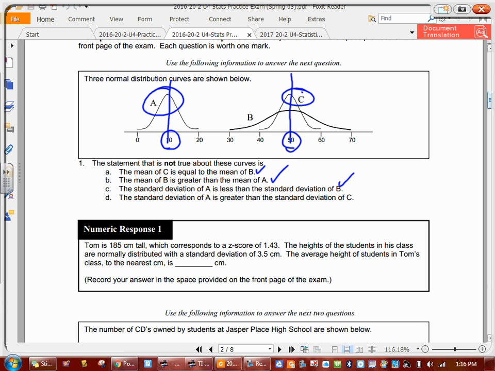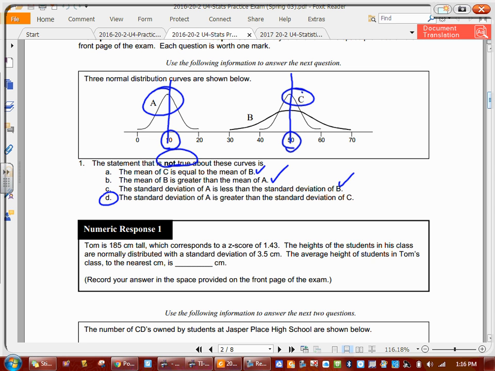Well, let's take a look at the spread. Spread here shows 20. Over here, what does the spread show for C? 20. So is this true? No. So D is the one that's not true. D is false. Okay? So it's easier to identify what we know about the diagram and then read the statements. Does that make sense?